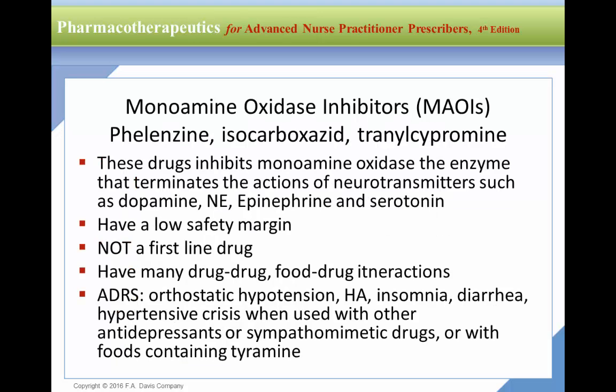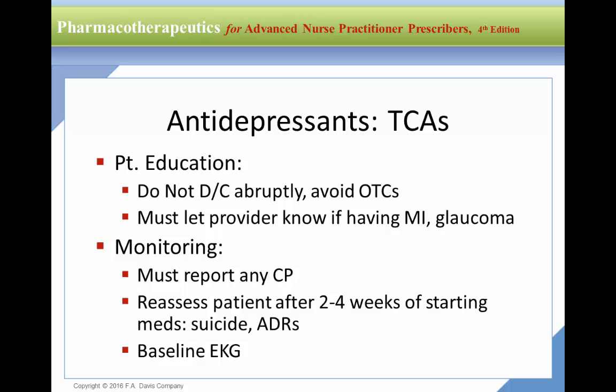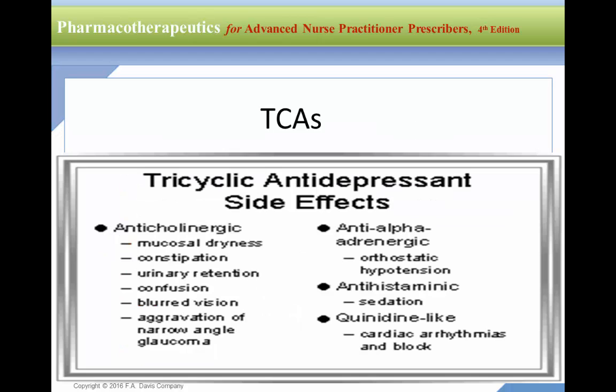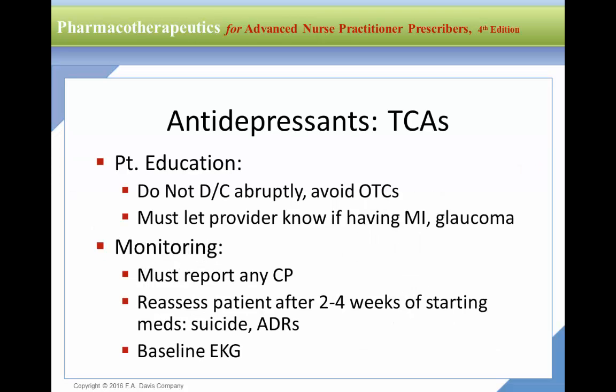In addition, as I said, since the TCAs have a quinidine-like effect, they could produce cardiac arrhythmias and heart blocks as well. So try to monitor the EKG. Remember the QT and the QRS intervals because of slowed depolarization. You should monitor that as well.